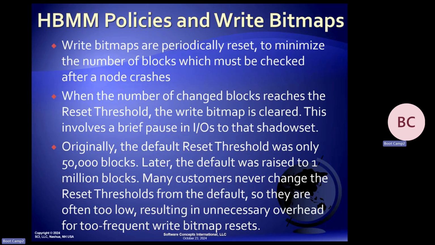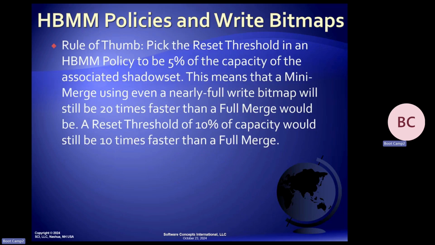What I like to do is use a rule of thumb that says about 5% of the capacity of the disk is probably a reasonable first estimate for the reset threshold. Basically, what this would mean is that if you have to do a mini merge, it's still going to be 20 times as fast as the full merge, because at maximum you have 5% of your disk that has changed and would have to be fixed up.